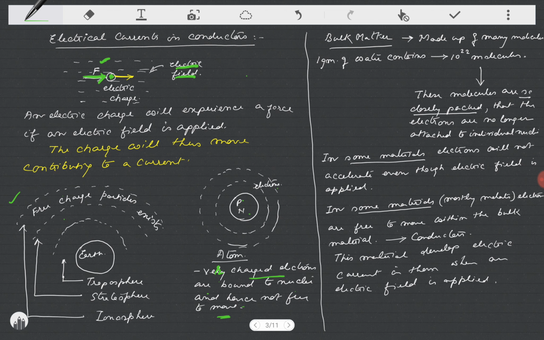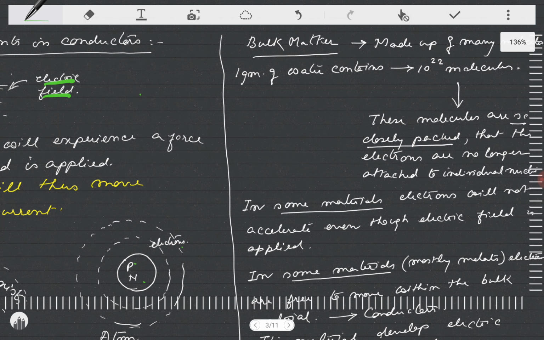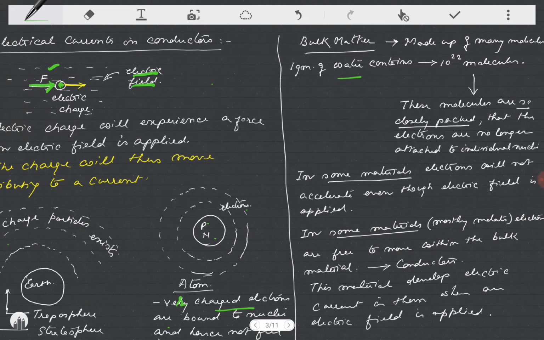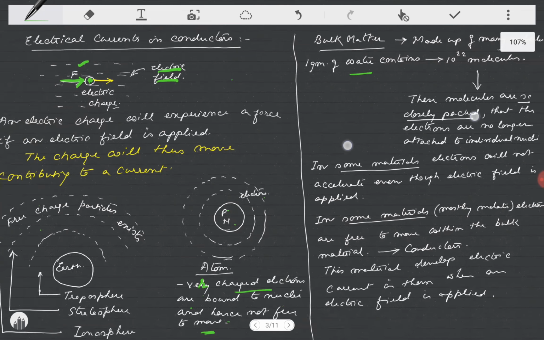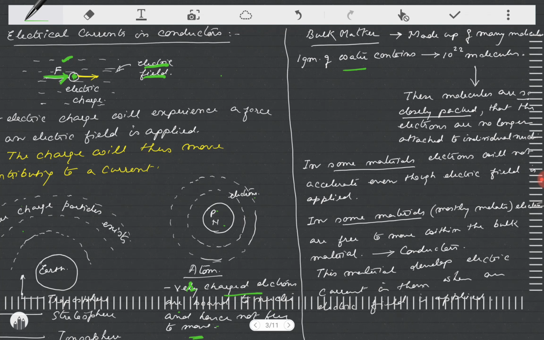And bulk matter is made up of many molecules. 1 gram of water contains about 10 to the power 22 molecules. These molecules are so closely packed that the electrons are no longer attached to individual nuclei.